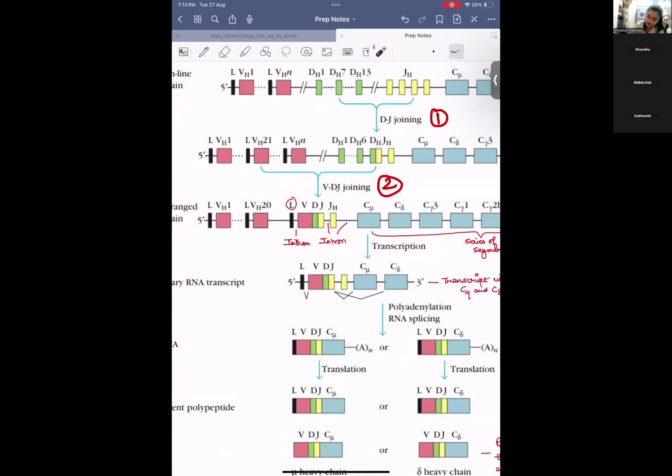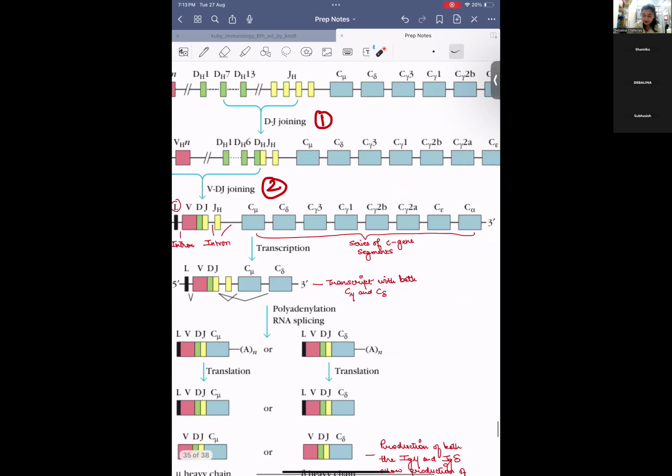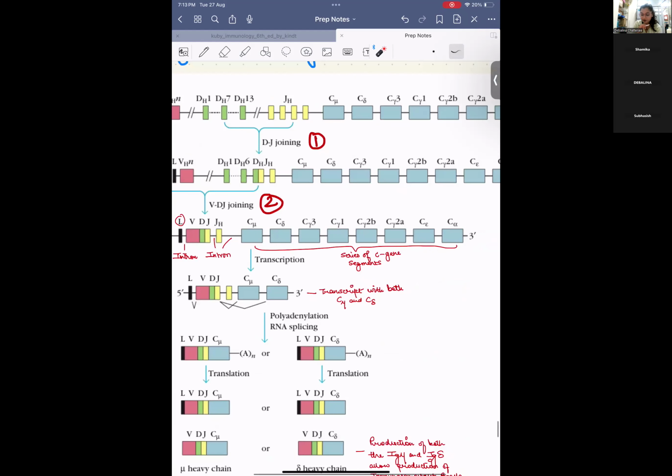From the 5' to 3' end, we have a leader sequence, which will again not be present in the heavy chain protein that forms. Some introns, a VDJ segment together, again a stretch of introns, and now the joining of a C segment will happen.